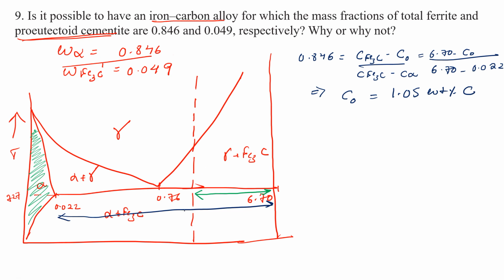Of course it is greater than 0.76. That's the reason why we call it a hyper-eutectoid steel, right?